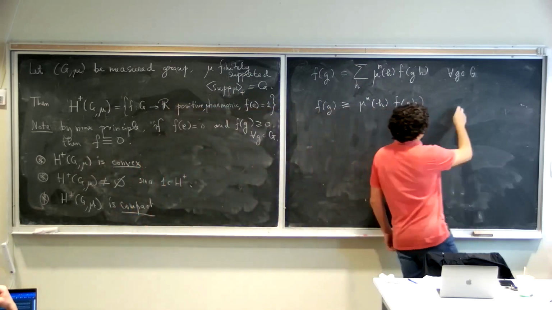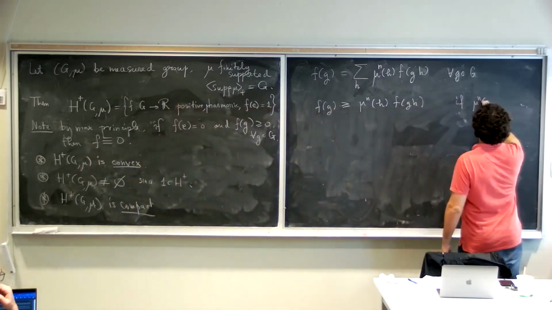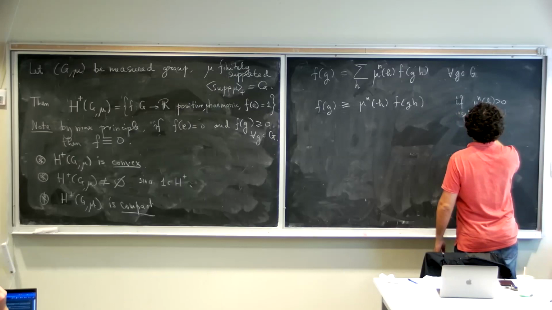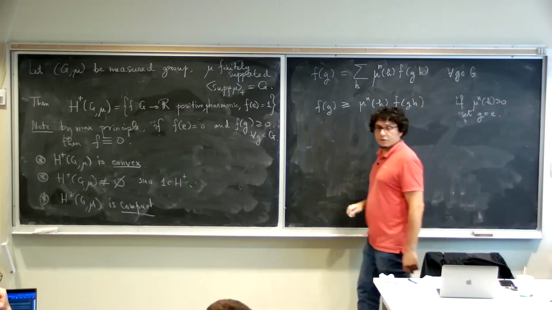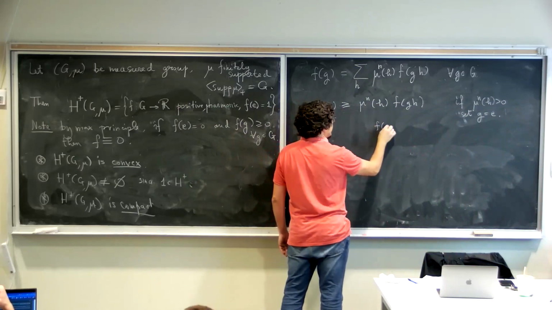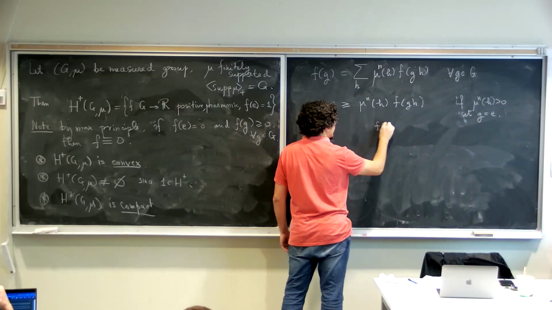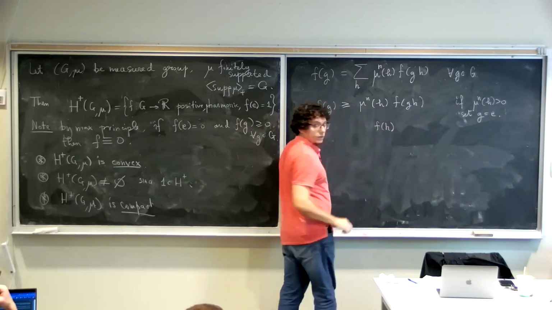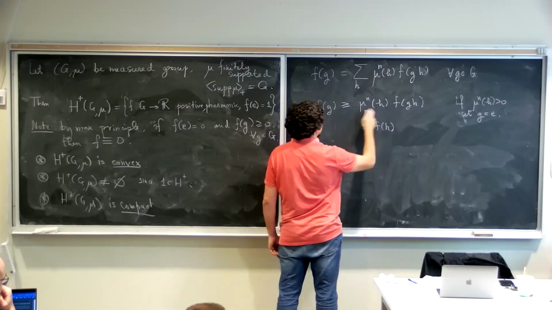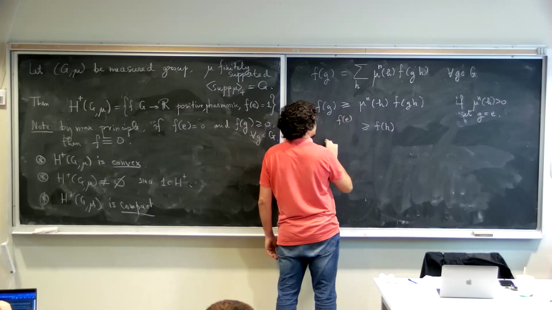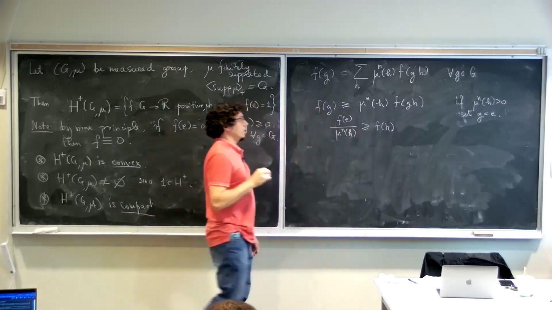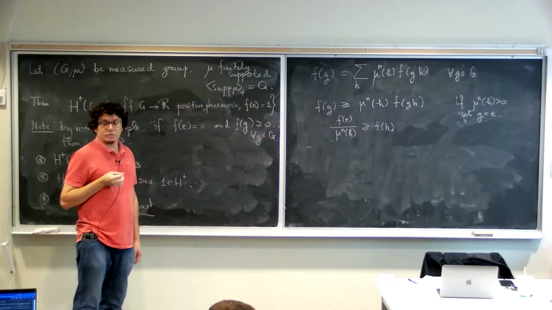If mu n of h is positive and you set g equals e, then f of h is bounded above by f of e divided by mu n of h.